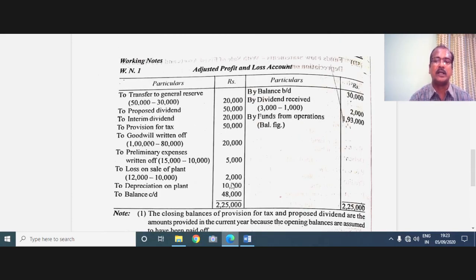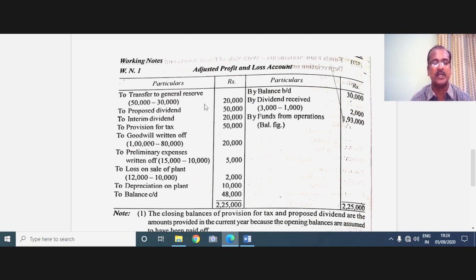Now let's look at the adjusted P&L account. In the adjusted P&L account, as usual, the opening balance of profit is written in the credit side, closing balance is written in the debit side. Now you look at the items. When I explained about the items of liability in the balance sheet, I said there is an increase in general reserve amounting to 20,000, which is nothing but a figure appropriated from current year profit.